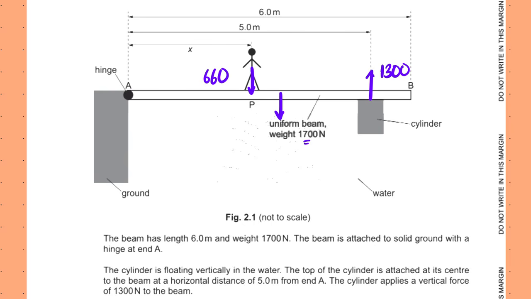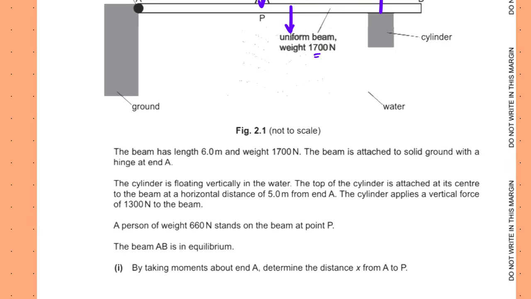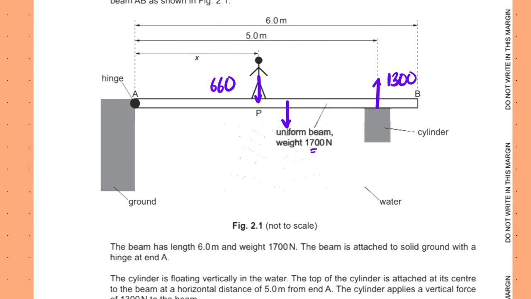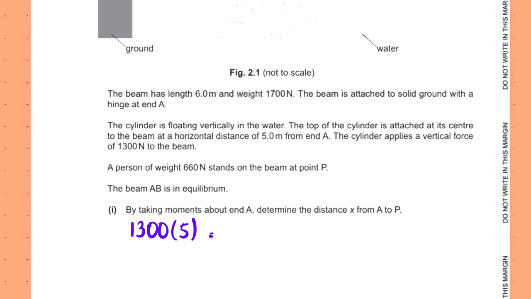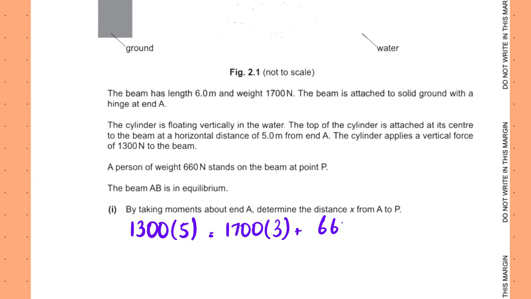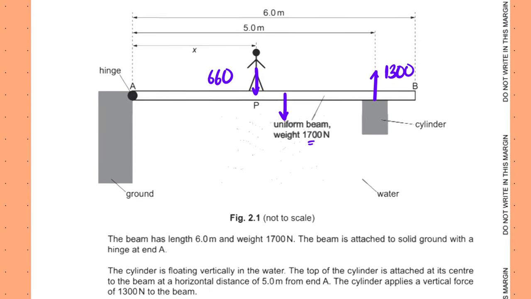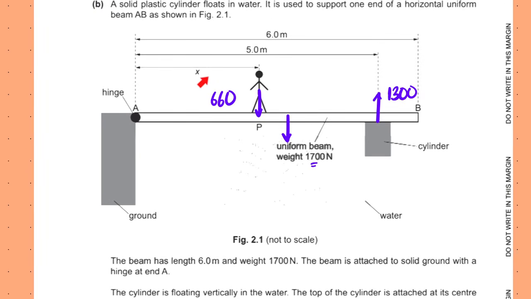So I'm doing anti-clockwise moments first. So I'll say 1300 times 5 equals, this is 1700 and this would be 3 as I just said, so equals 1700 times 3 plus 660 times its distance from A, which is x.